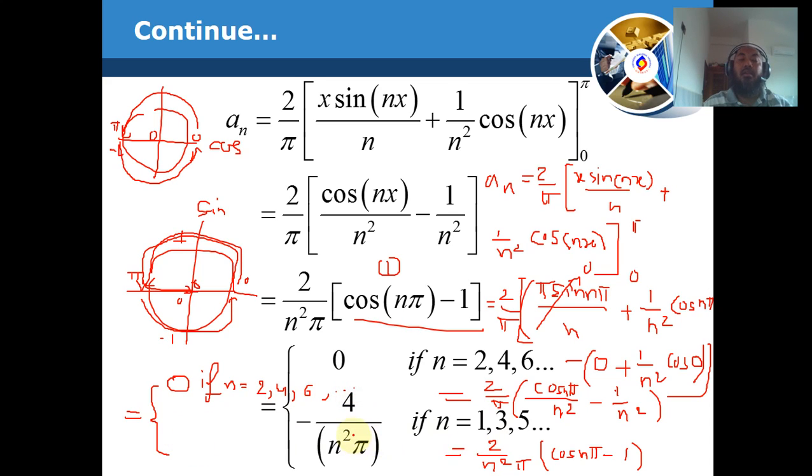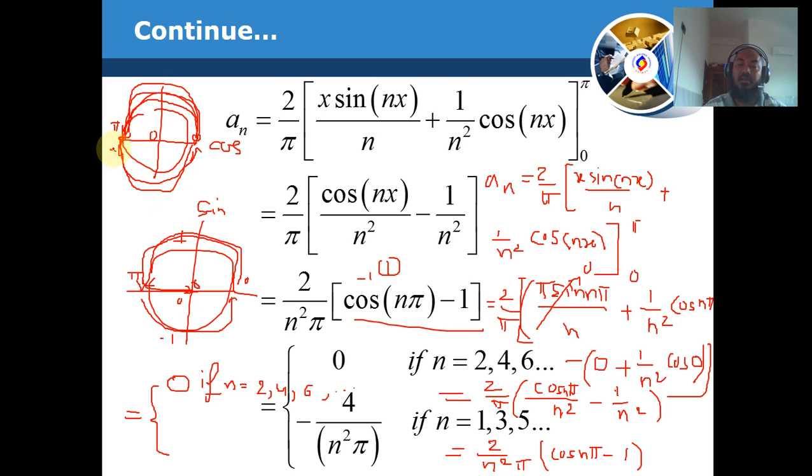And then once again, n equal to 1, 3, 5. Let's say 1. So 1 means cos pi, which is equal to minus 1. So now it becomes minus 1 minus 1, which is minus 2. So minus 2 multiplied by 2 becomes minus 4. Let's say 3.